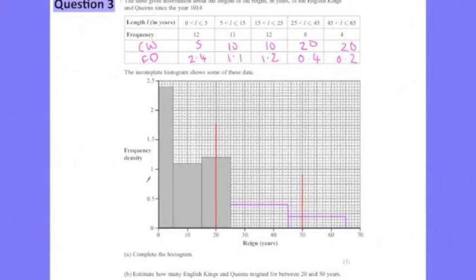So we can see our bar here, our third one, between 25 and 45. We know the frequency here is 8. That's from here. This part here is half of the whole frequency. So our total frequency here is 12, so this part here is 6.